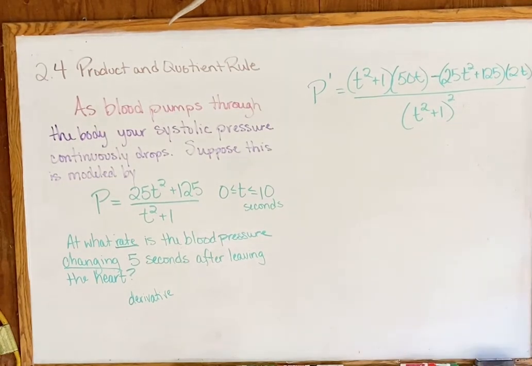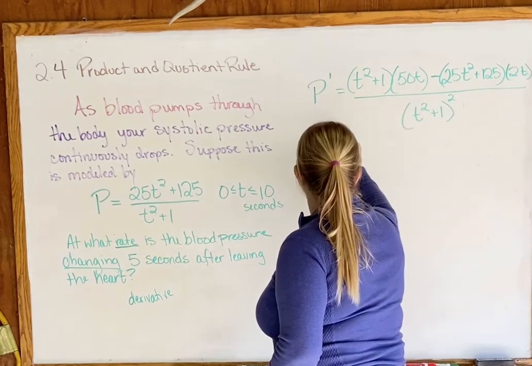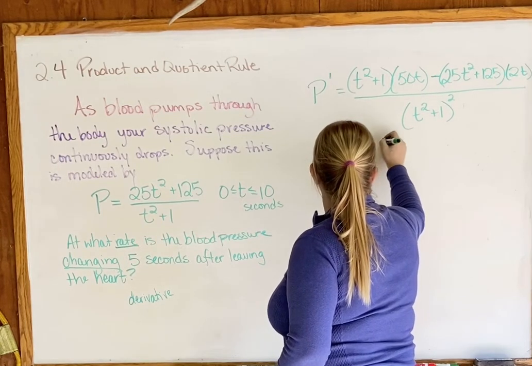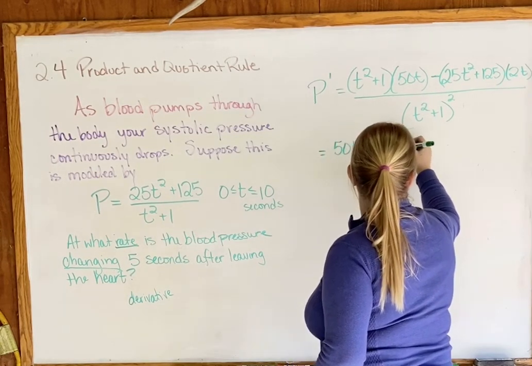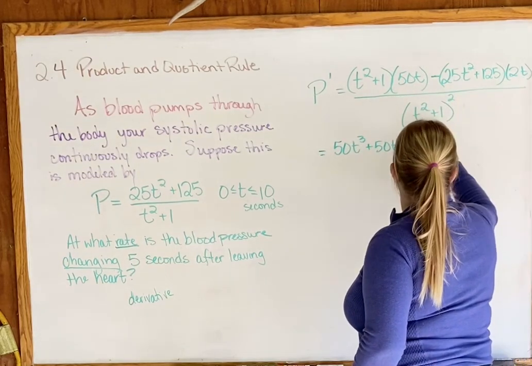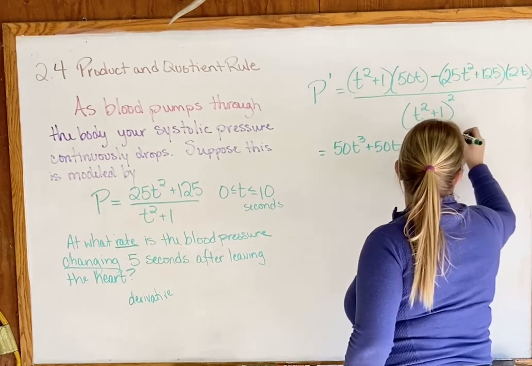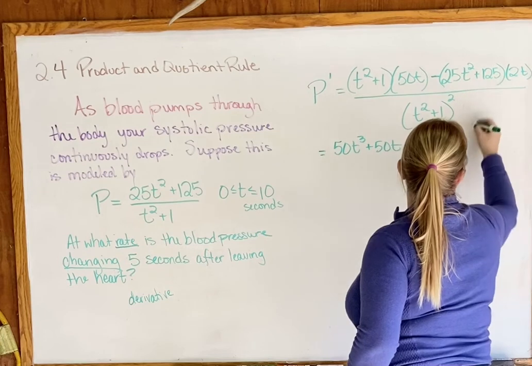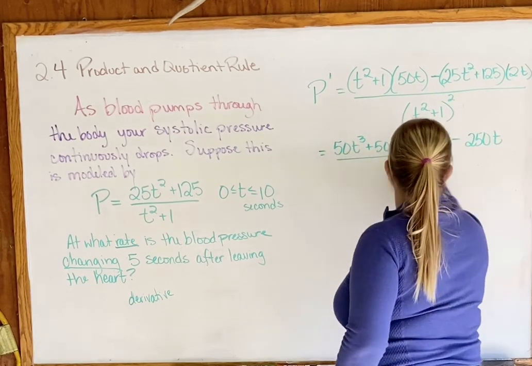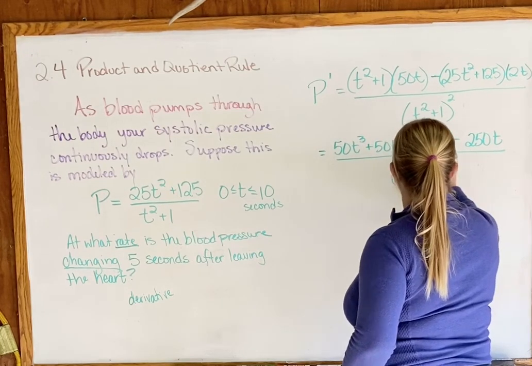So, as we've seen in the other examples, let's go ahead and do some simplifying there. So here we're going to have 50t cubed plus 50t minus 50t cubed, right? Distribute that in, minus 250t, all over t squared plus 1 squared.